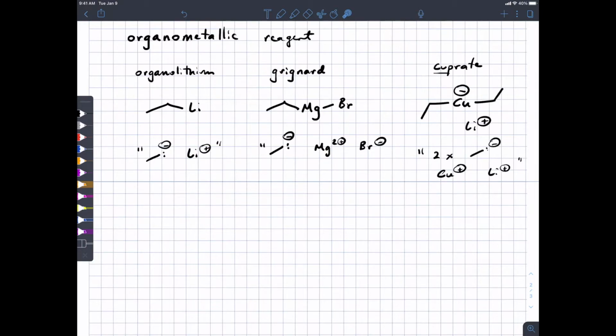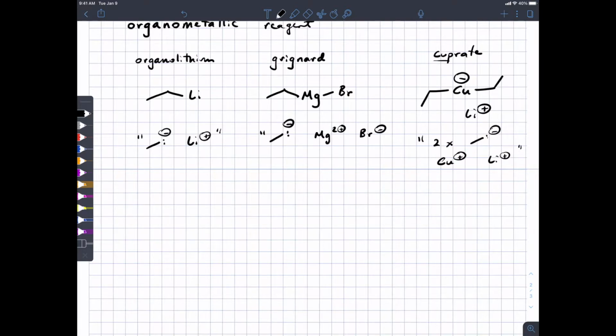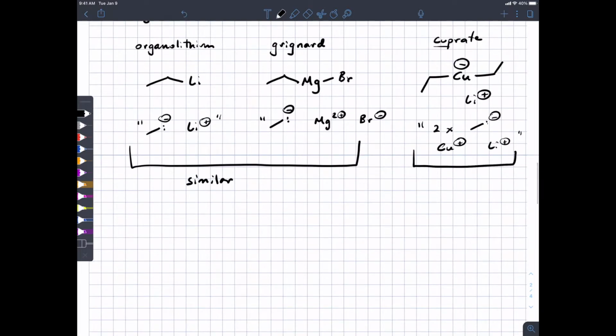In terms of their reactivity, we're going to see that the organolithium reagent and the Grignard reagent are very similar to each other. They are strong nucleophiles. The cuprate is a strong nucleophile as well, but it's going to have slightly different reactivity.